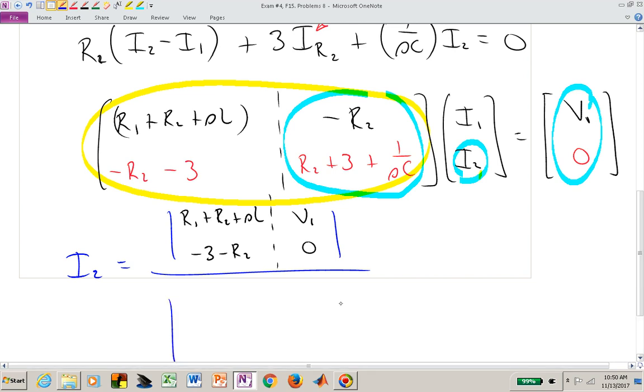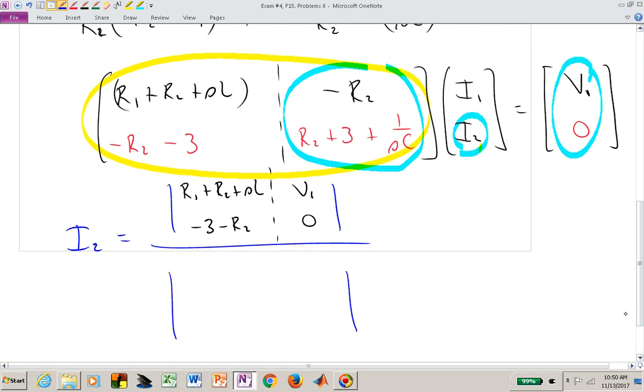and then we divide that by the denominator of the impedance matrix, which is just R1 plus R sub 2 plus SL, minus 3, minus R sub 2, minus R sub 2, and R sub 2 plus 3 plus 1 over SC. Now you simply have to take a couple of 2 by 2 determinants, the product of the diagonals minus the product of the off diagonals.